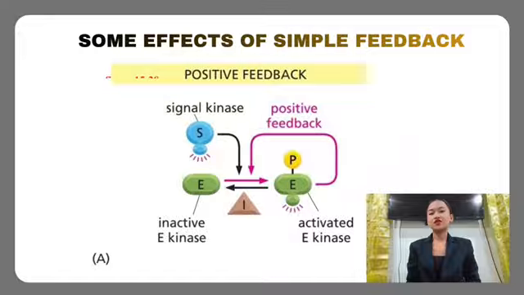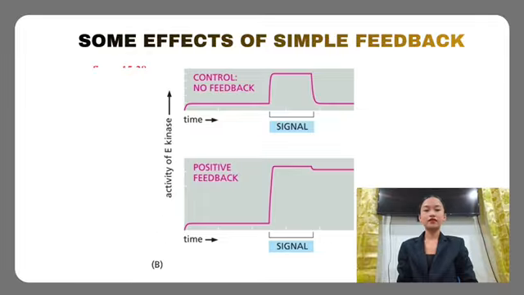Let's proceed to some effects of simple feedback. In the first part, we see a positive feedback loop. When S kinase activates E kinase, E kinase acts back to promote its own phosphorylation and activation. The basal activity of the I phosphatase, the phosphatase, inactivates E at a steady low rate. In part B, the top graph shows that without feedback, the activity of E kinase is simply proportional, with a short lag, to the level of stimulation by the S kinase.